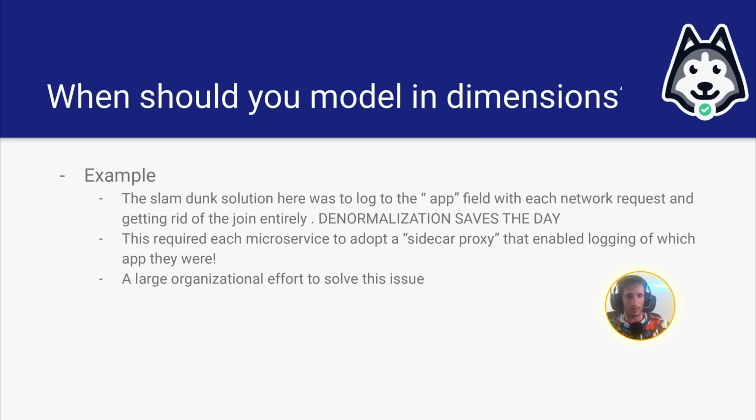That was really crazy, that we realized that's what we needed to do. What we needed people to do was adopt this thing called a sidecar proxy. Every app could just adopt this sidecar proxy, so every time it received a request, it would log the app that it was coming from. That would give us the app name, and we wouldn't need to do a join anymore.